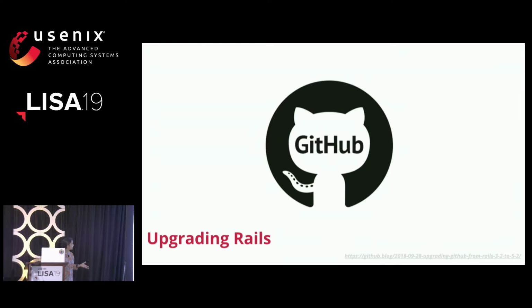Another case I found is when GitHub upgraded Rails, the Ruby on Rails framework that they use for the front end. They had a pretty old version, 3.2, until about 1.5 years ago. When they had to upgrade to the latest version, which is 6, it was a 1.5 year project for them.